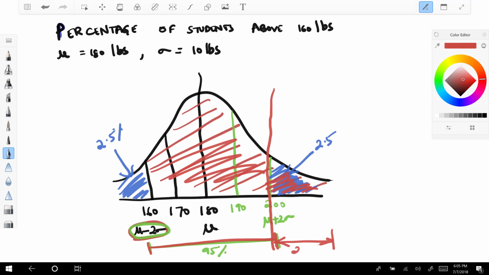So when we add them, we will get 97.5%. So the percent of students above 160 pounds would be 97.5%. So we can solve another problem on this.